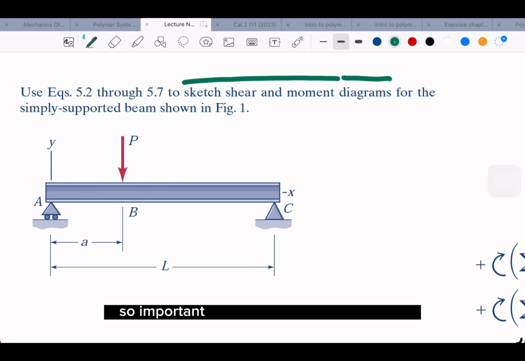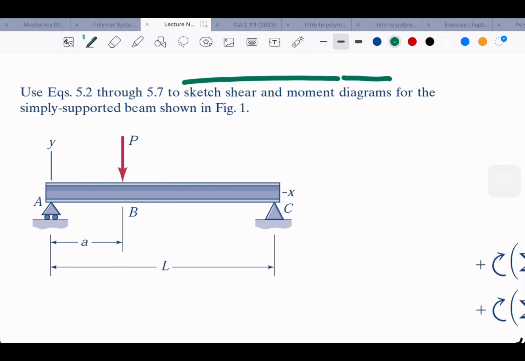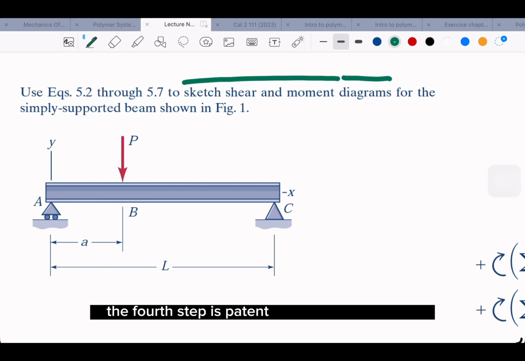Important elements include this distance, A. Why is A important? Because in this distance we have another force, right? In the system, the force that is taken will be changing, right?